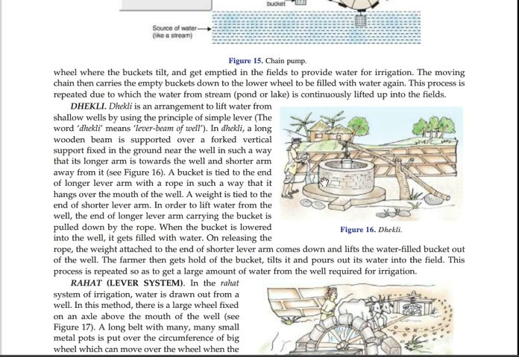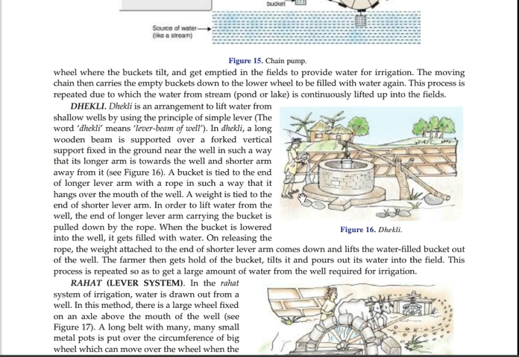The farmer holds this bucket or container and tilts it and pours out its water into the field. This is also a time consuming method and we use the dhekli system only for the irrigation of a small area of land.